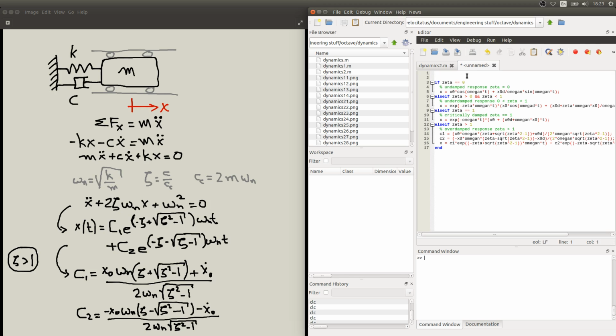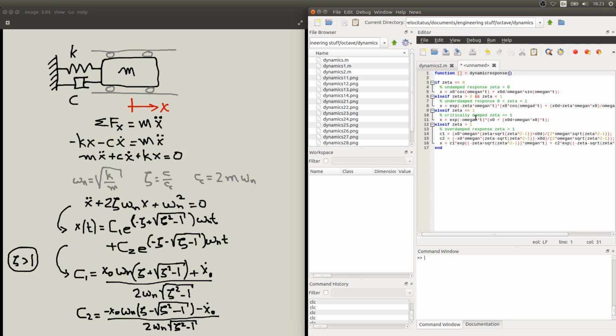So to make the contents of this file a separate function, we'll start the file by using the keyword function, and we will have to choose what is the output of this function. We'll see that in a moment. We'll choose the script name for this function, so something like dynamic response, and we have to describe what are the parameters that are going to be needed for this function to work correctly.